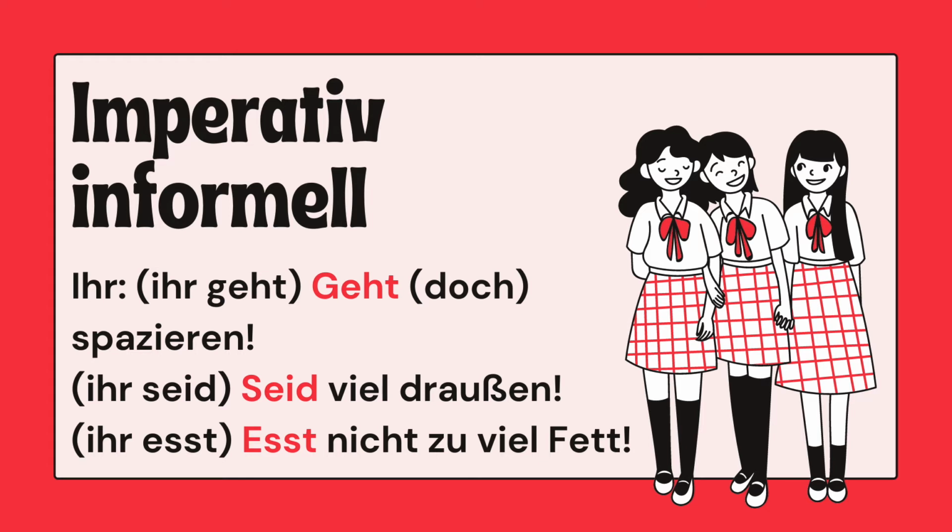On the next one, ihr seid means you are. So seid viel draußen means be outside a lot. Ihr esst means you eat, you guys eat, you all eat. If you want to say don't eat too much fat, you say esst nicht zu viel Fett. So you can use it like that.